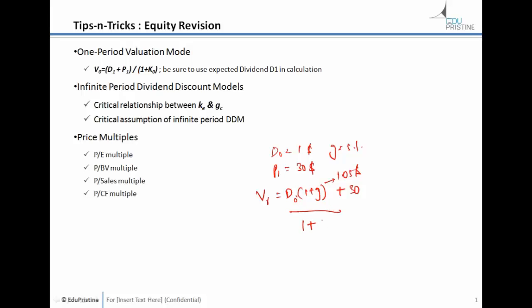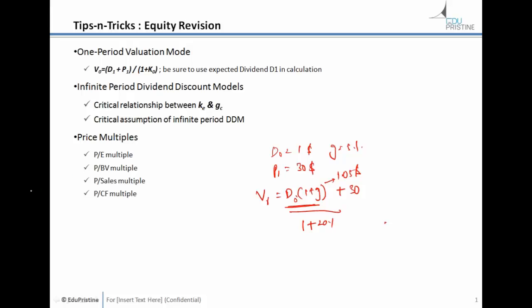So in case you are assuming the cost of equity to be 20%, then it will be 1 plus 20%. So this is a mistake which people tend to make, that if the question says that the last dividend paid was $1, then they tend to use the same amount while calculating the value of equity.